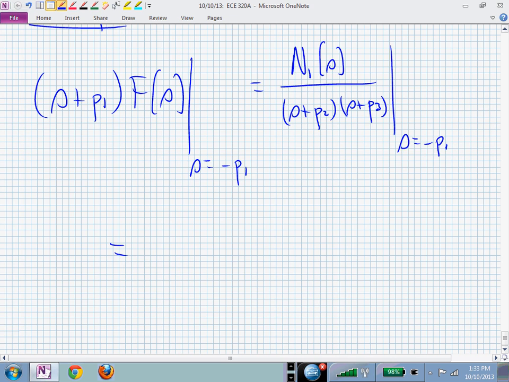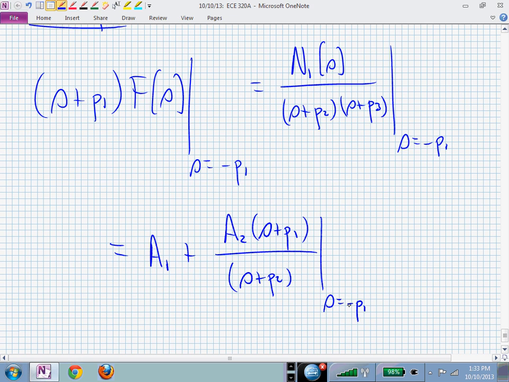I now have on the right-hand side A1 plus A sub 2 times s plus p1 over s plus p sub 2, but I'm evaluating that at s equal to minus p1, plus A sub 3 times s plus p1 over s plus p sub 3.